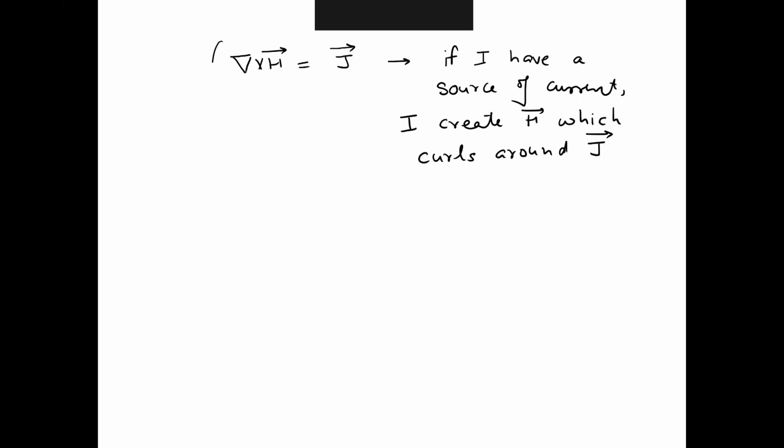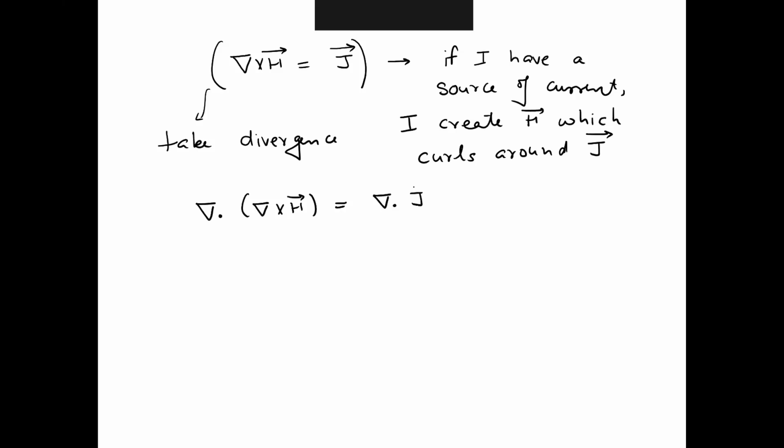if I take the divergence of this, it basically is del dot del cross H is equal to del dot J. Remember, this is a curling field. H is a field.